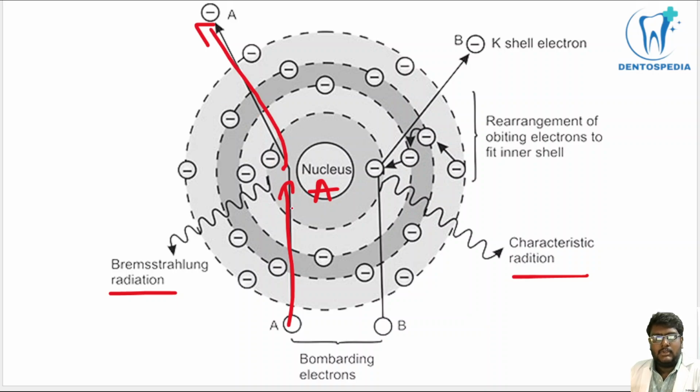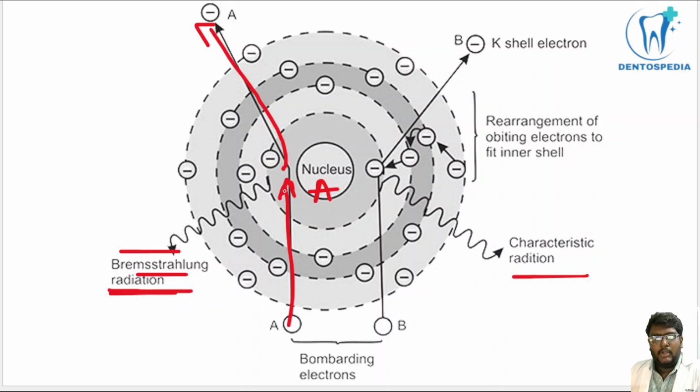So during the process of attraction towards the nucleus, there will be energy loss, and because of the energy loss there will be radiation produced, that is called Bremsstrahlung radiation. In German it is called braking radiation. So here electron A, during its path towards the nucleus, because of its high speed and the nuclear forces of attraction, they counter each other, and it slows down during its pathway, okay.